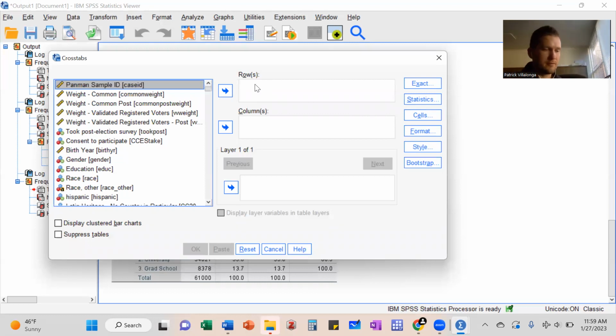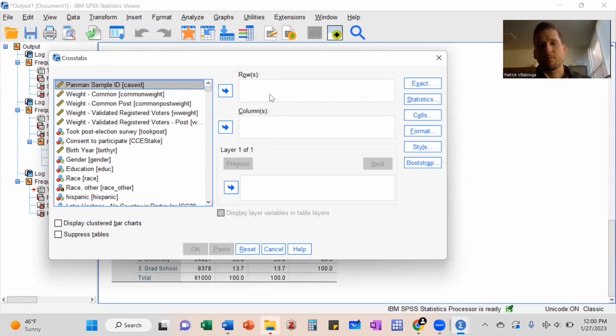If you've seen the last two videos, we've tabulated a variable in education and a variable in abortion. Then we recoded and transformed them, and now we're going to take our recoded variables and put them into a crosstab.